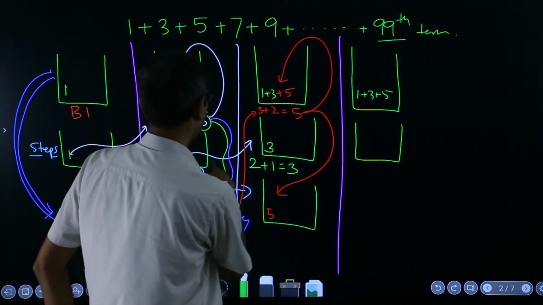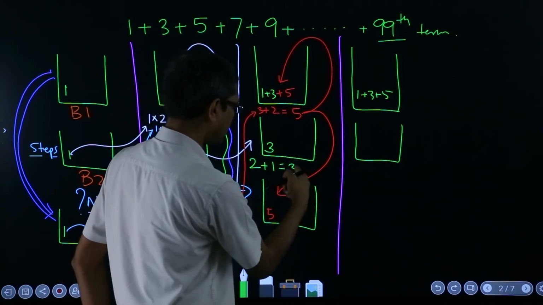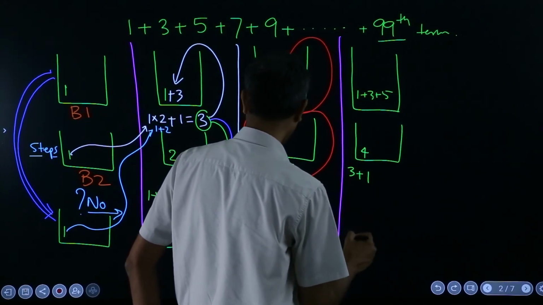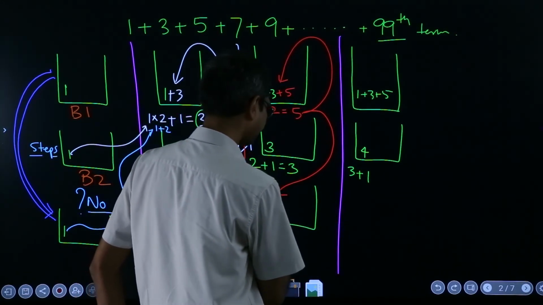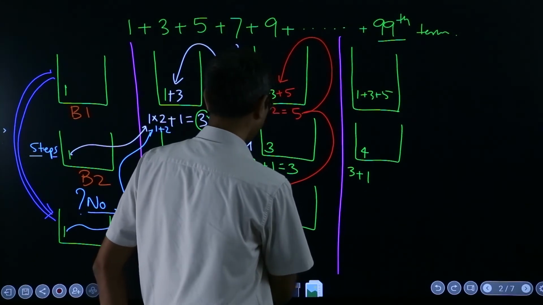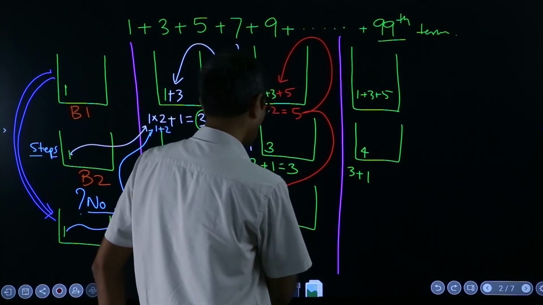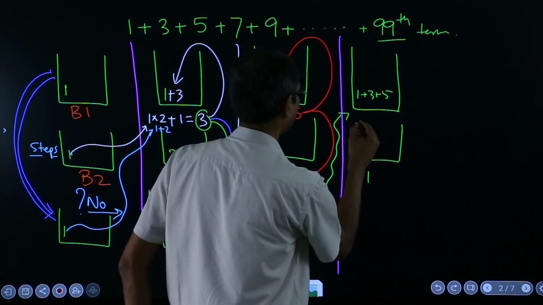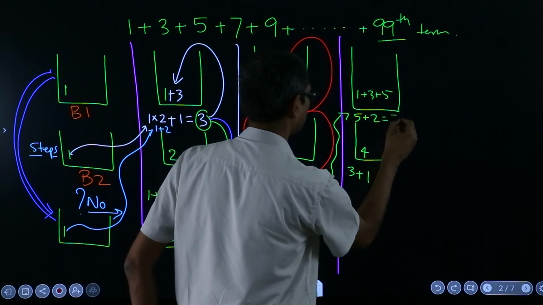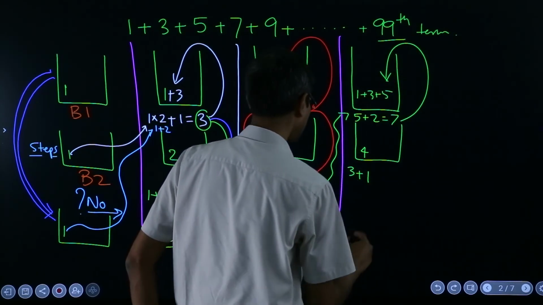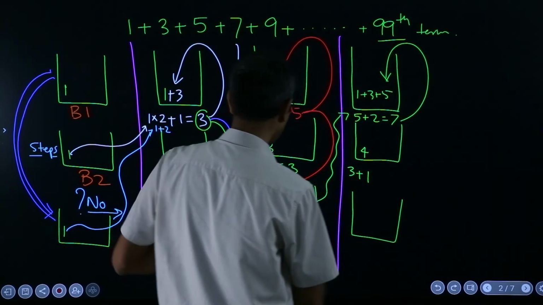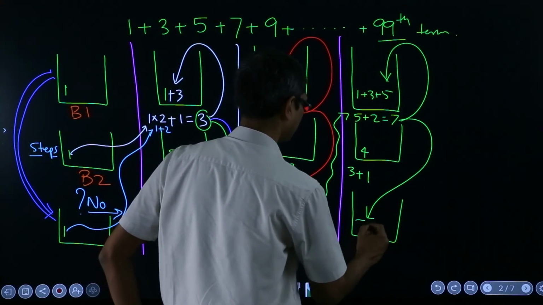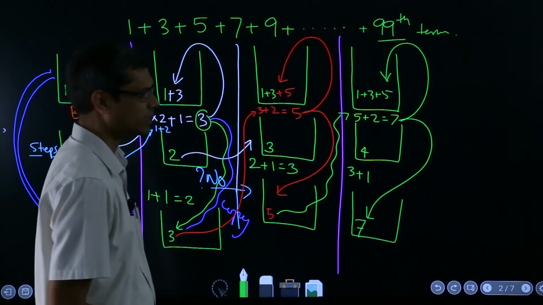The conditional answer is no, so you will add 3 plus 1 and put 4 here. And then, this 5 you will take here, 5 plus 2 equal to 7, you add this 7 here, and at the same time you throw away this 5 and keep this 7 here. Okay, so that's how you can just move on.